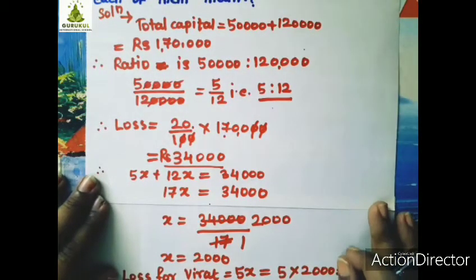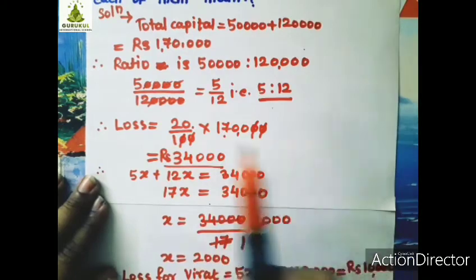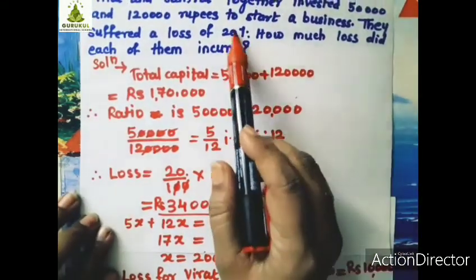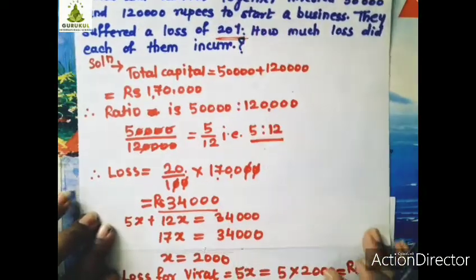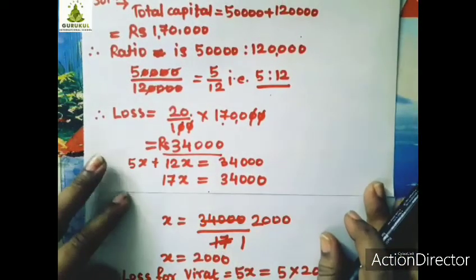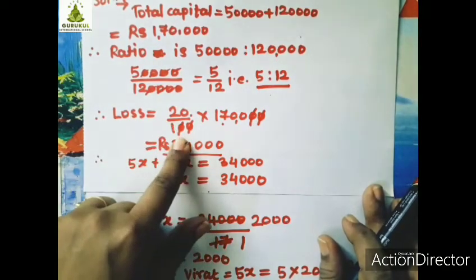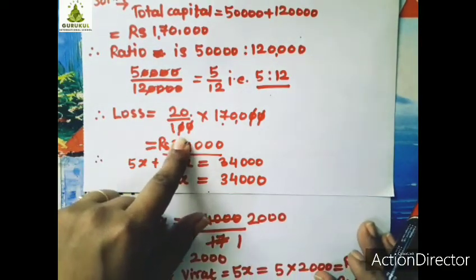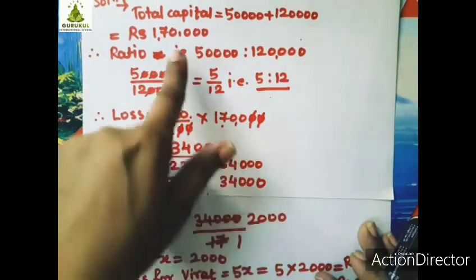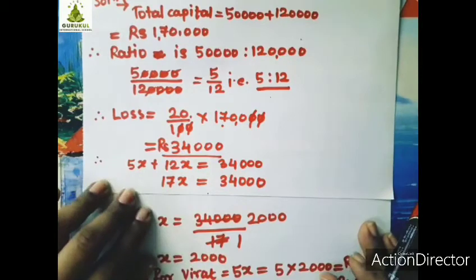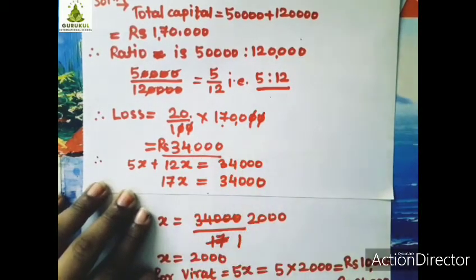Once we got the ratio, we have to find the total loss. 20% was given, so loss is equal to 20 upon 100 into 1,70,000. We calculated it as rupees 34,000.